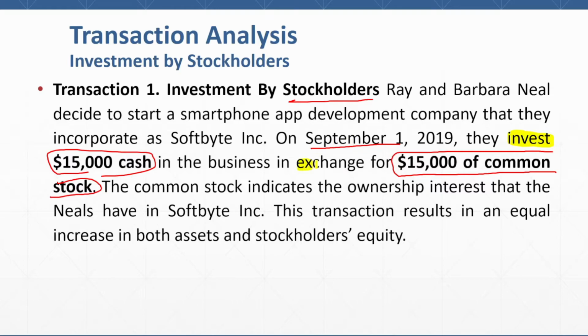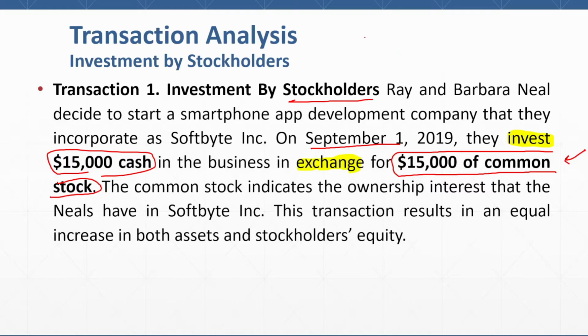In exchange. So they put their money into the company, $15,000, and in exchange for that, they receive common stock. What is common stock? Again, just a number, just a certificate, a piece of paper showing that, hey, you have put $15,000 in the company, you have the right to claim against our assets by that amount.